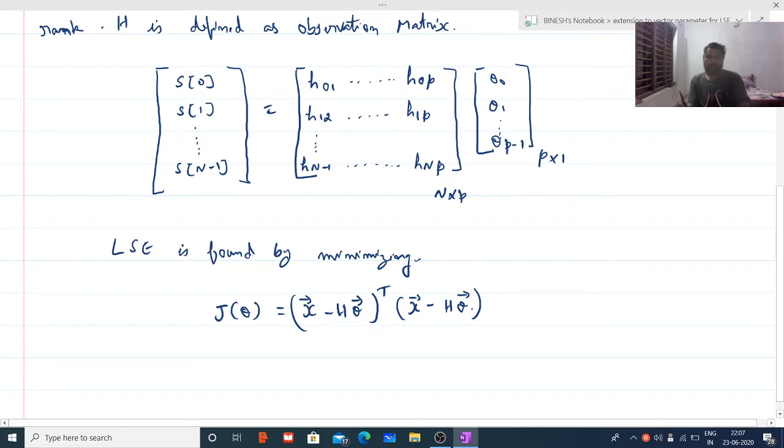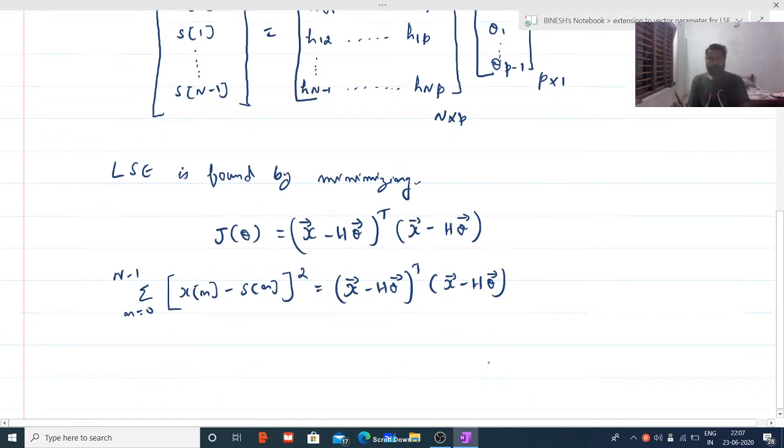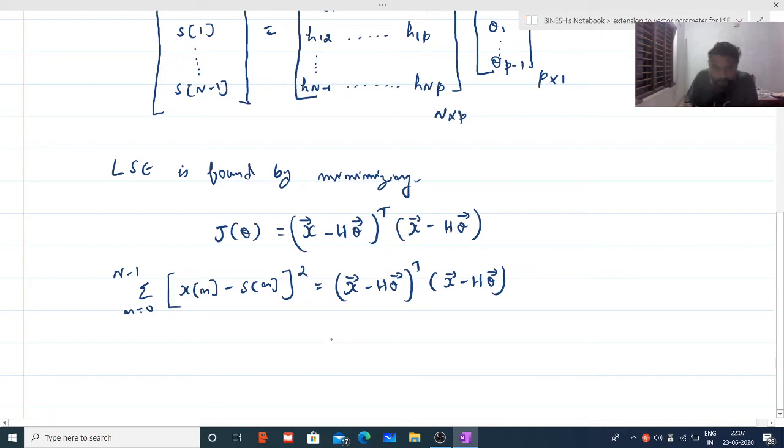J of theta, as you already know, is the sum from n equal to 0 to N minus 1 of x of n minus s of n squared, which is nothing but X minus H theta transpose times X minus H theta.